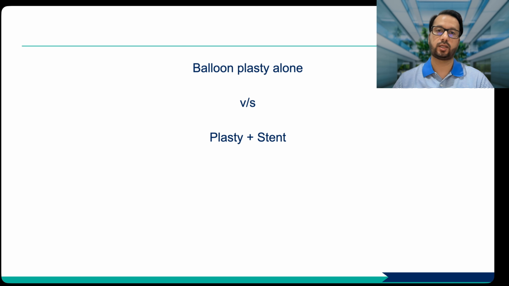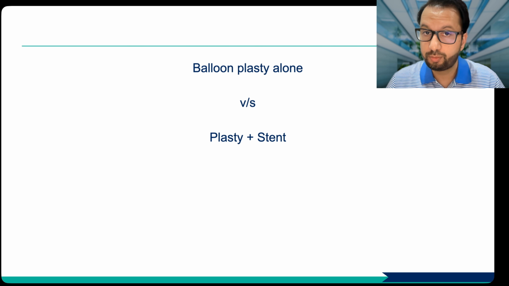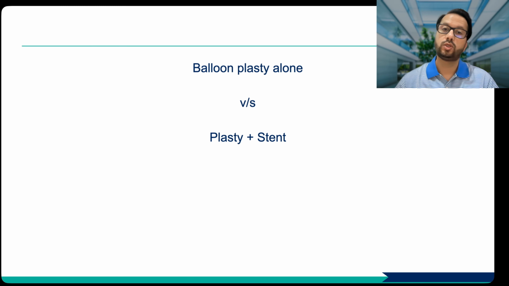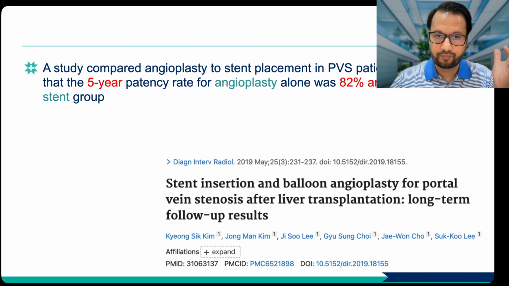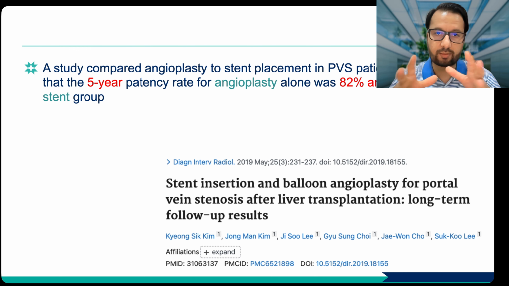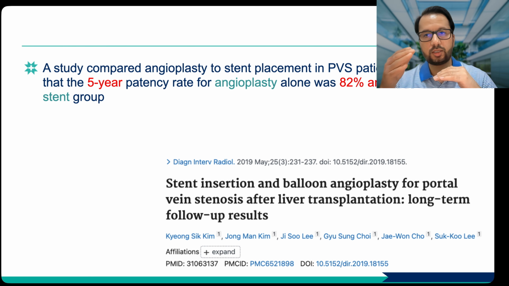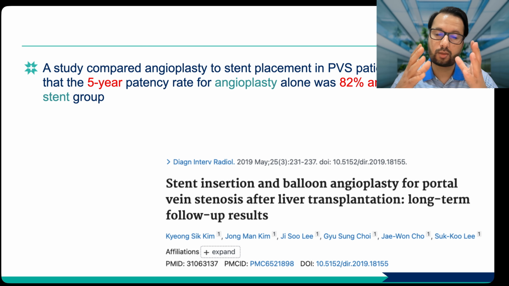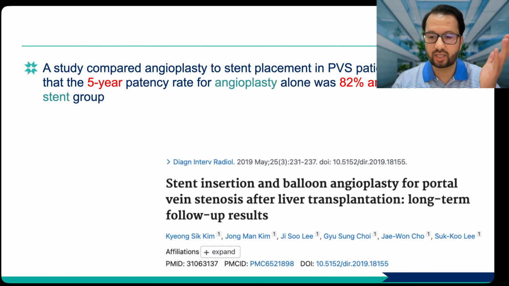Sometimes we come across this situation of whether we should do only balloon angioplasty or add stents. So how do we choose between the two? In the literature, we often come across the finding that angioplasty alone has poorer long-term patency rates compared to stents, and stents can achieve up to 100% patency rates at 5 years.